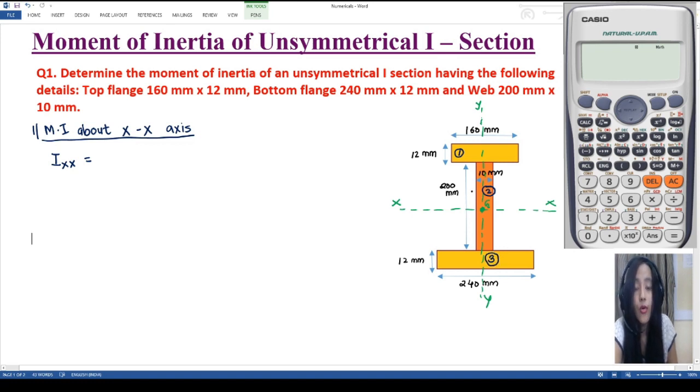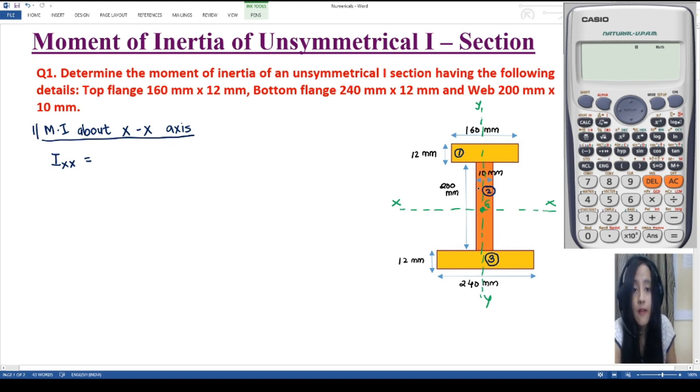In yesterday's question, to find Ixx, we converted the symmetrical I section into a hollow rectangular section because that was possible since both the flanges were of the same dimension. But in this case, we cannot make this unsymmetrical I section into a hollow rectangular section. Hence we have to solve using the parallel axis theorem.